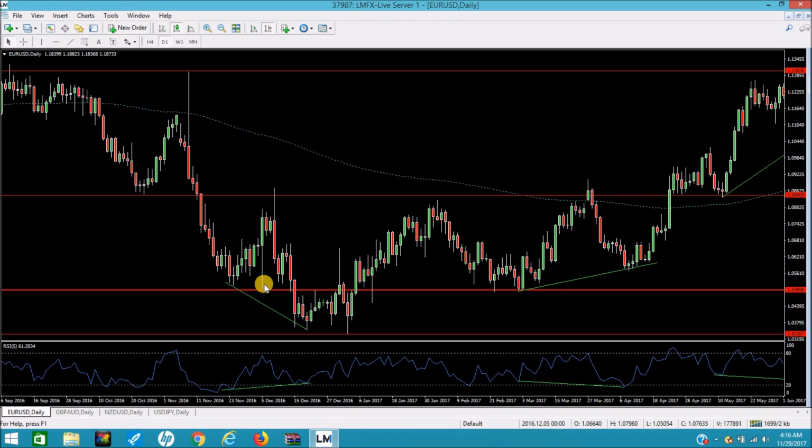So single candlesticks you will see a lot, but sometimes it's best to wait for a nice setup, a double or triple candlestick pattern. In this case, we have our support here.